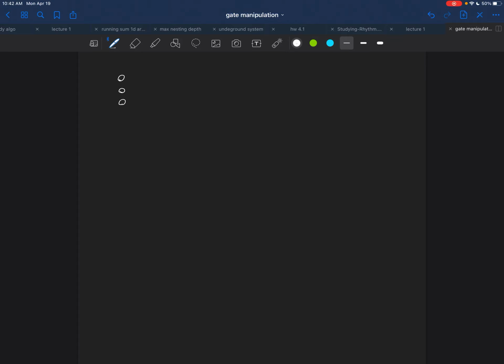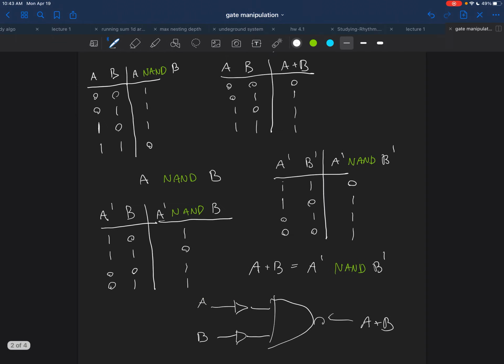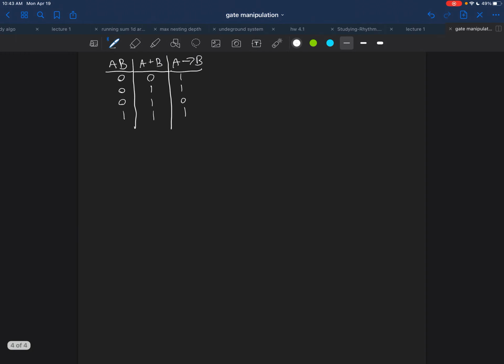So these are the values, A and B, A or B, and A implies B. Let me just make sure that was right. Yeah. So now only using NAND gates we have to pull for this.